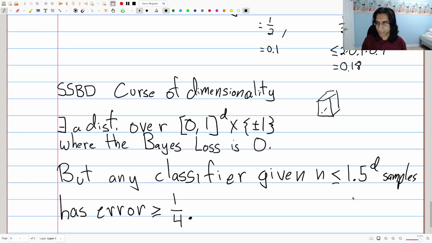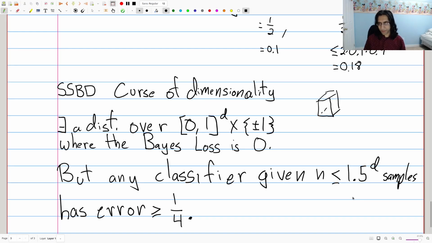The key thing is that this is exponential in d, so to get a good classifier we would need at least 1.5^d samples, which is exponential in dimension, and probably more data than we could hope for if you have d equal 10, 20, 100 dimensions. This is way too costly.